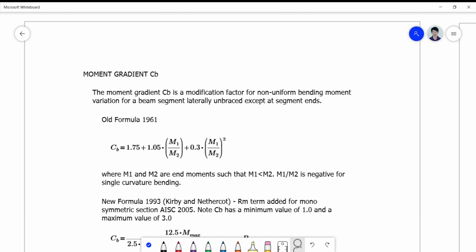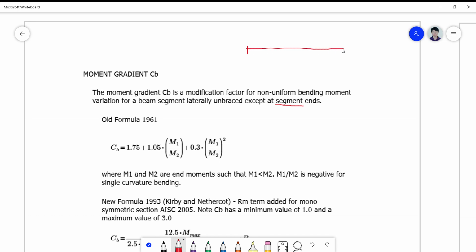Let me first set my graphics pen for a minute. I'd like to make emphasis on the word segment here.